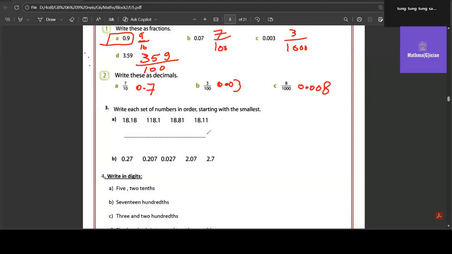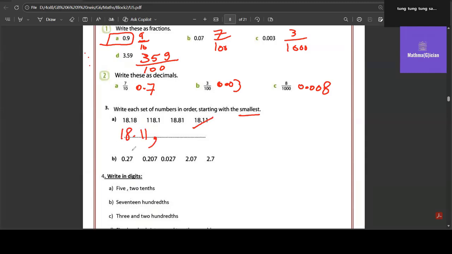Right. Write each set of numbers in order and start with the smallest. Can I do this from the smaller to the greater? Yes. 18.11. Nice. Bravo. This is the smallest.